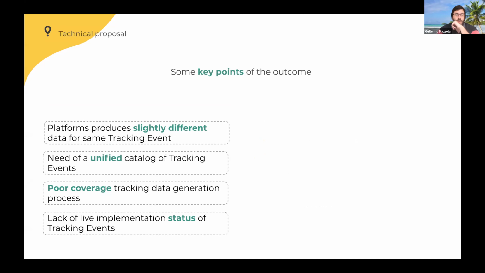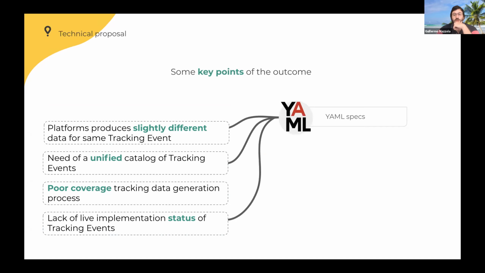So now we have our key points from that outcome. The first thing we decided to do is to generate YAML specs, use YAML for the spec definition, and that will contribute to unifying the differences between the events.